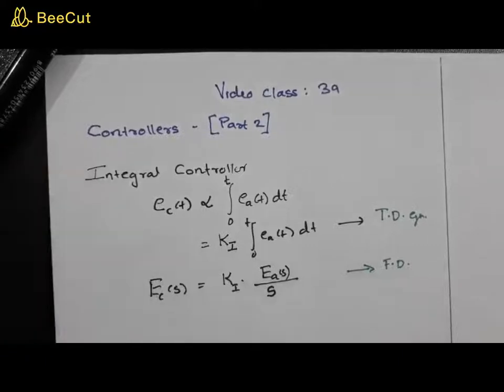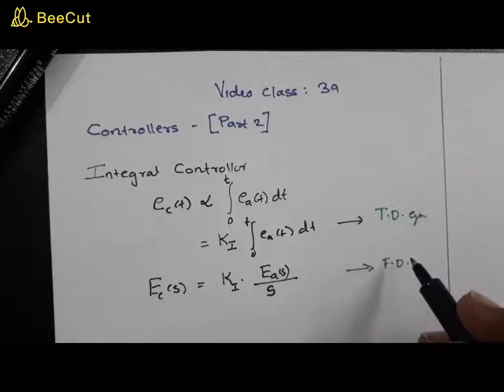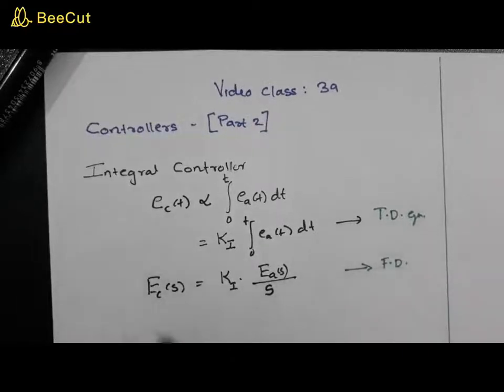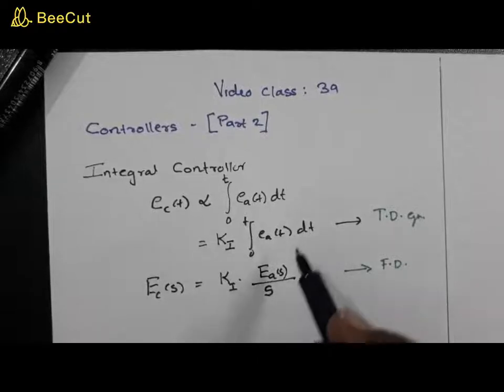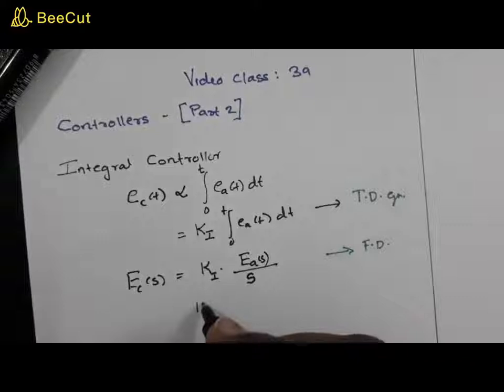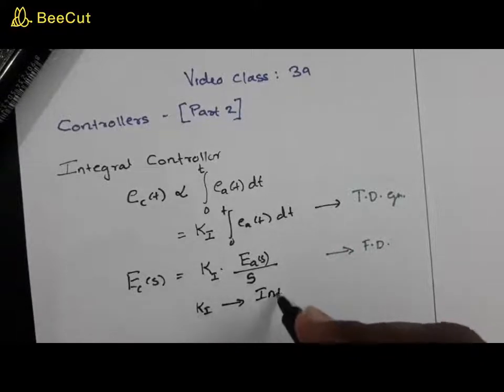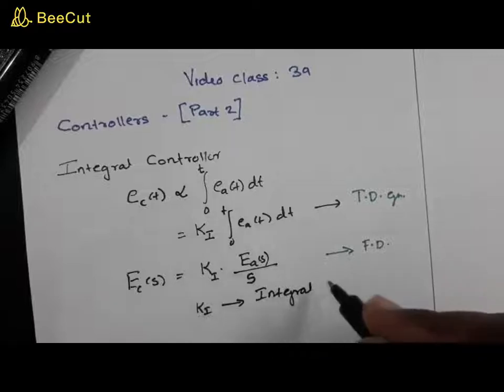This is the frequency domain representation of the integral equation, where Ki is called the integral gain.